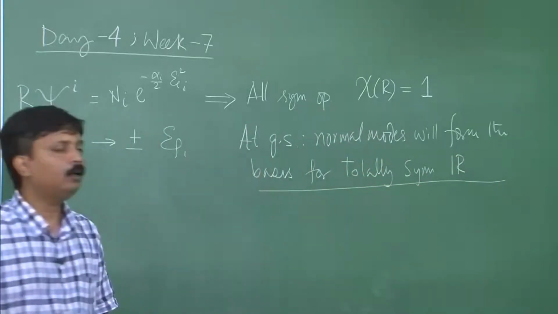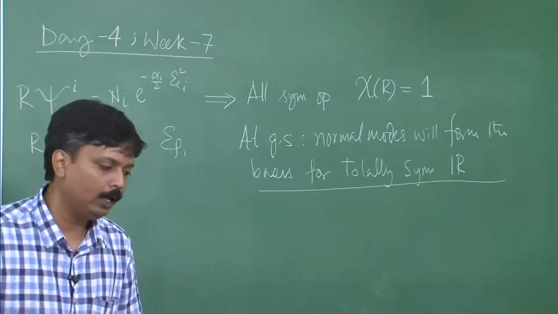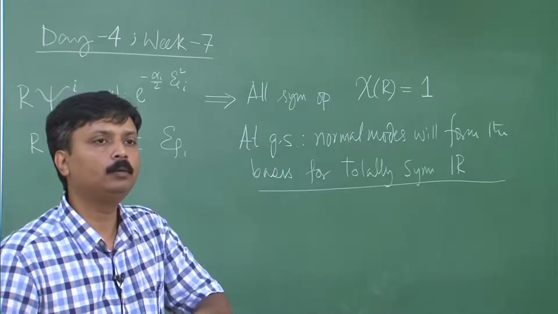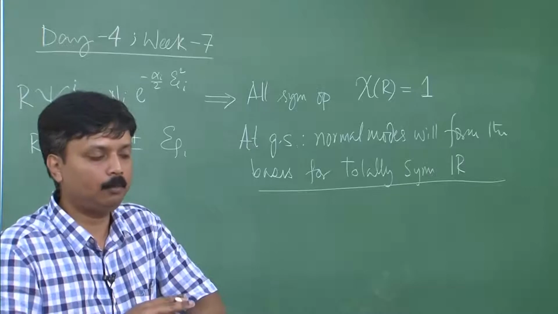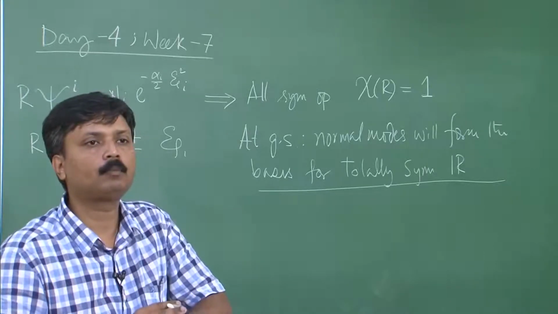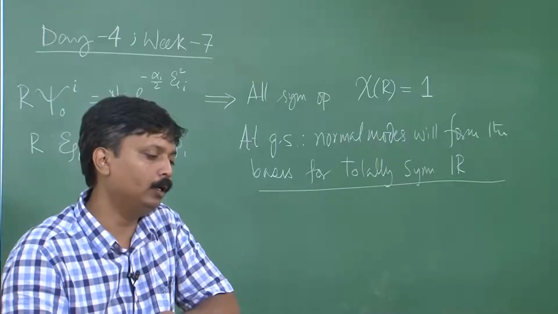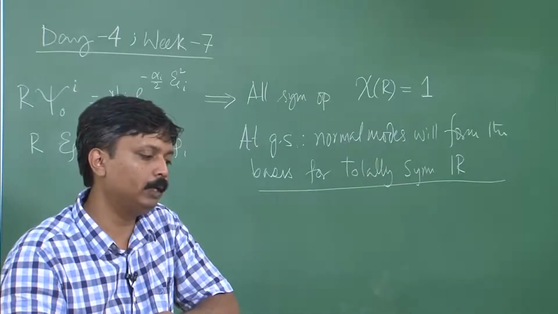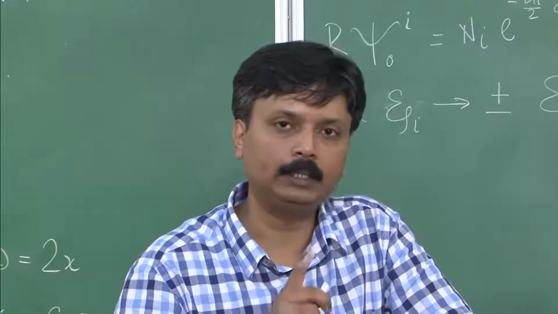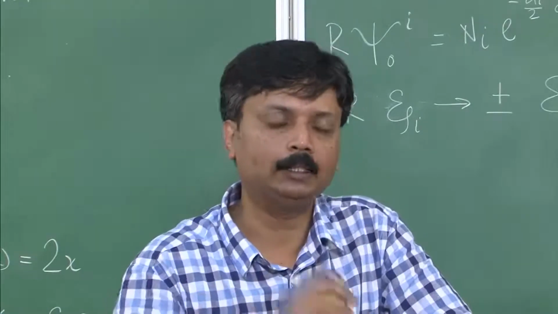Now here obviously I assumed something. I assumed that the energy levels that I am talking about are non-degenerate, that is, only one particular state is there for that particular energy value.